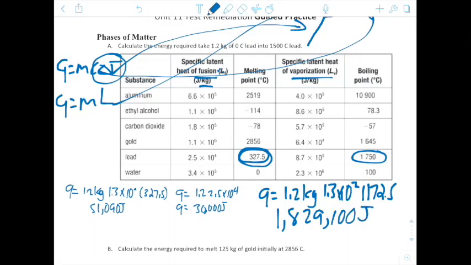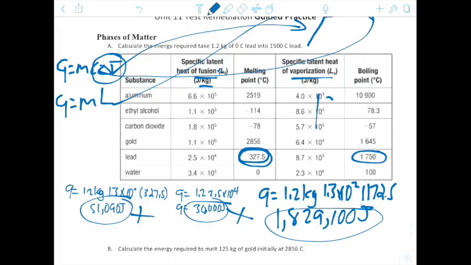1,829,100 joules. And all we do is add all of these Q values together, and we get the amount of energy that it took, which would be 1,910,190 joules of energy.